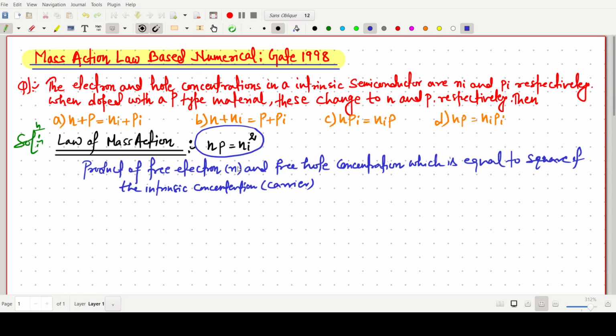So this one is Np equals Ni square, and this is important.